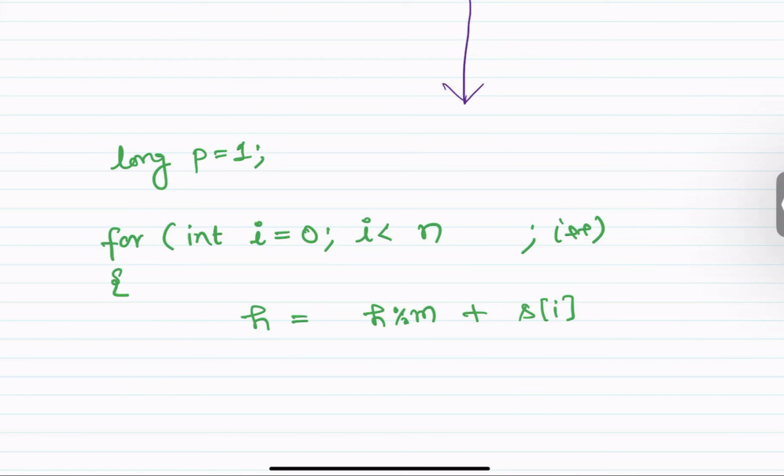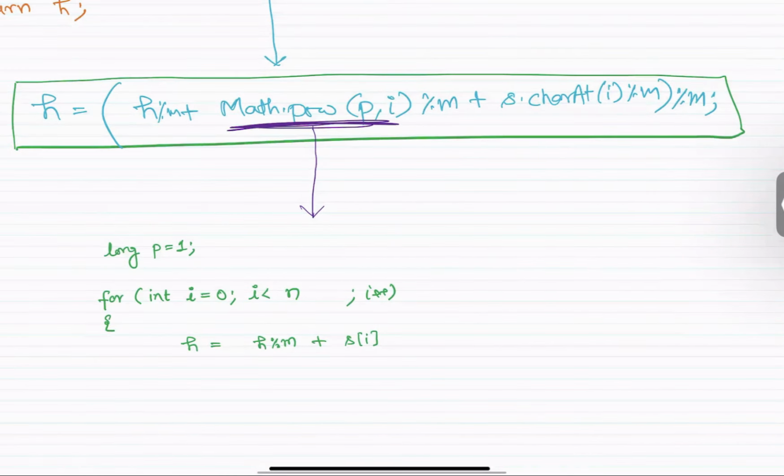I said we will not do conversion to one-based indexing. We will use ASCII values directly. We don't want to do that mapping to 1, 2, 3, 4. Okay. Then times p mod m, whole mod m, and p is equal to p times 29 mod m in that for loop.